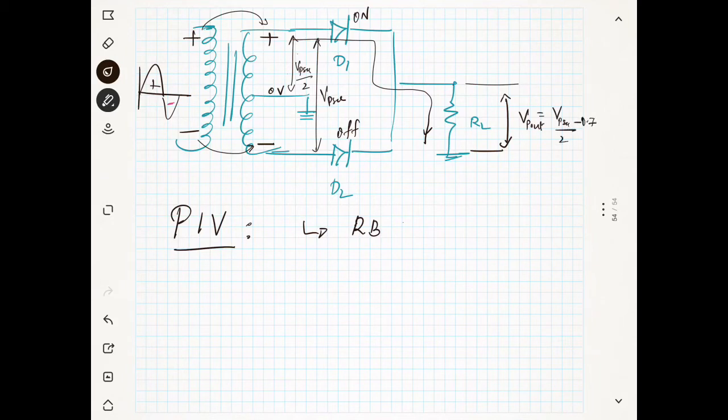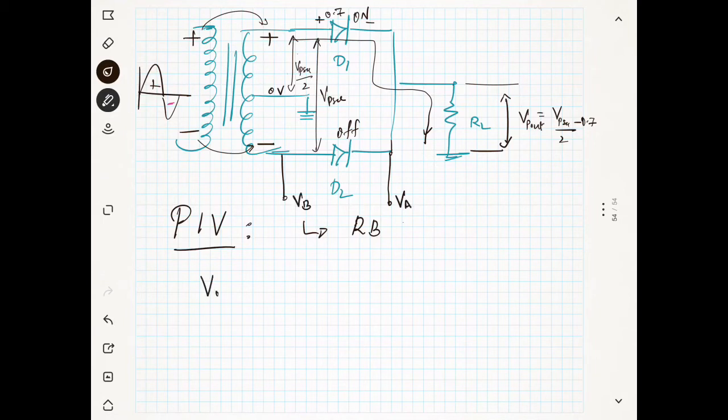That will be the voltage, because this diode which is on will take 0.7. Now the peak inverse voltage is nothing but the voltage across the diode. Let's say this is the voltage across the diode, and you have to take these two voltages. Let's say this is VA and this is VB.